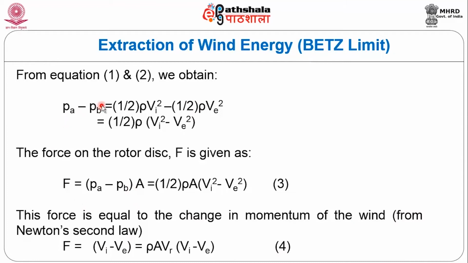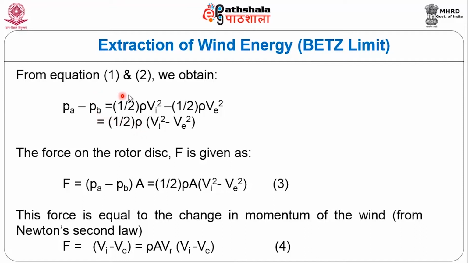Then from equations 1 and 2 we obtain P suffix A minus P suffix B. Then through substitution and rearranging, we finally arrive at the Betz limit.